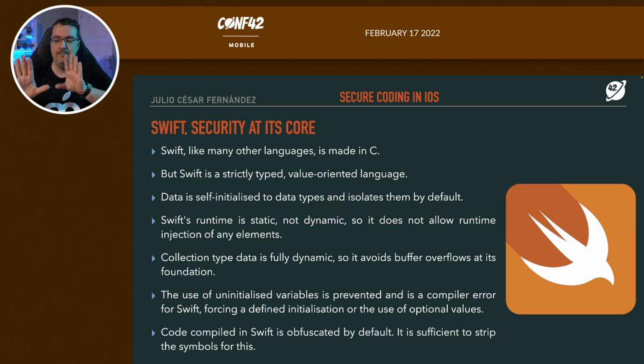You have a table for the correspondence between the readable names and the non-readable names that are obfuscated, okay? This table is the symbols. When you strip the symbols in Swift compilation, you're making this table, and this table later you have to upload, for example, to Crashlytics in Firebase to make the match between the obfuscated names and the names that the program used. Okay, this is the strip symbols feature.